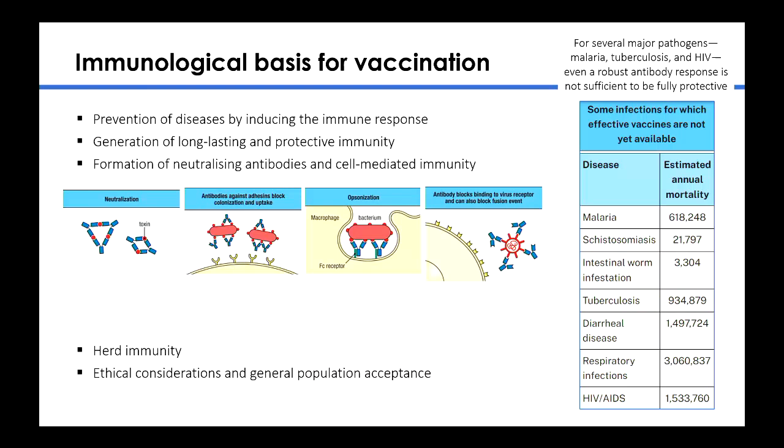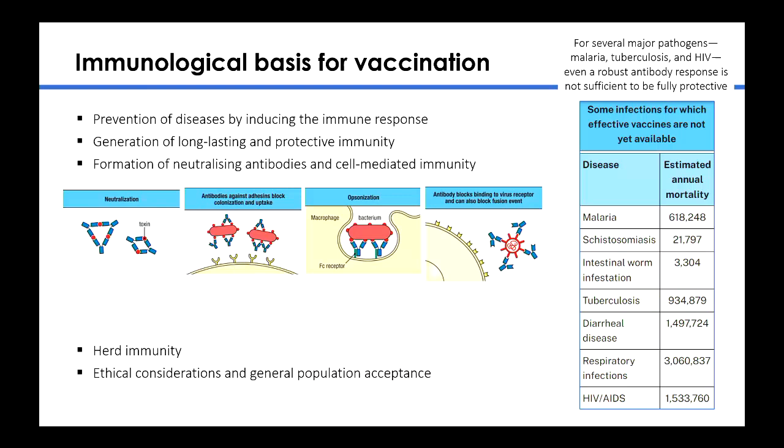HIV is another issue, and that's because of the changes of antigen on its surface, because it changes so easily, and the surface of the virus is highly glycosylated. So although neutralizing antibodies are effective, you need waves and waves of new neutralizing antibodies as the virus mutates.